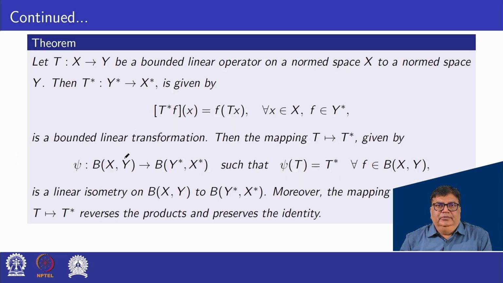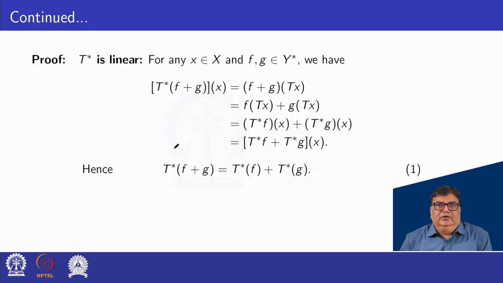We have to prove T star is a bounded linear transformation. Okay, so first we prove T star is linear. For any x belonging to X and f and g belonging to Y star, we have (T star (f plus g))(x). Okay, this can be written as (f plus g) of Tx, as per the definition of adjoint.